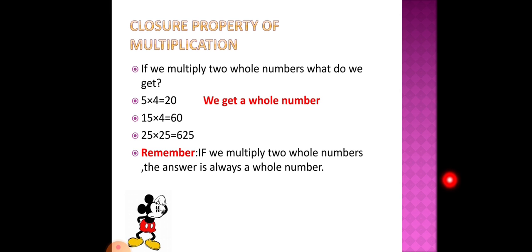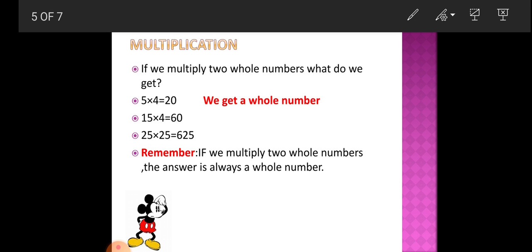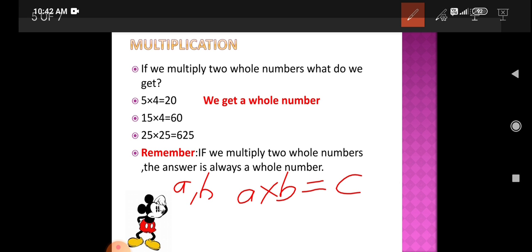So if we multiply two whole numbers, the answer is always a whole number. If A and B are whole numbers, then A multiplied by B equal to C is also a whole number.